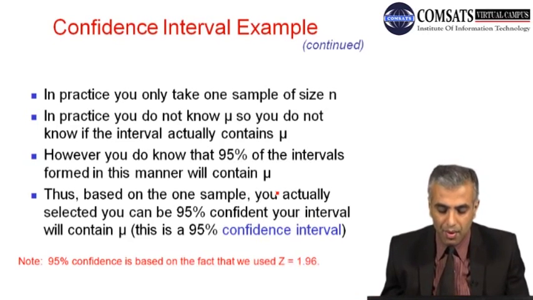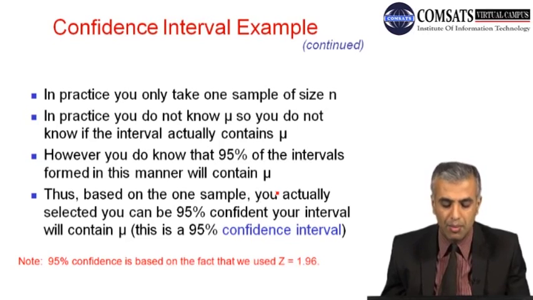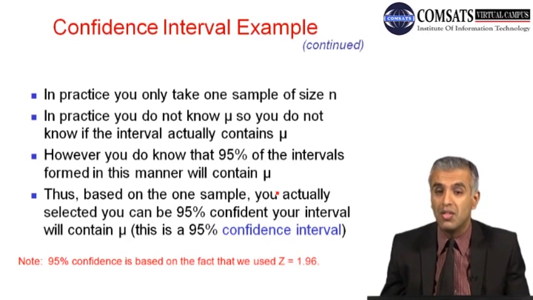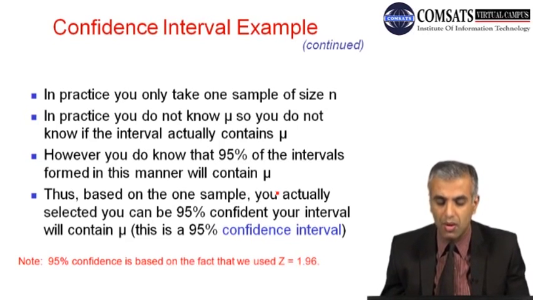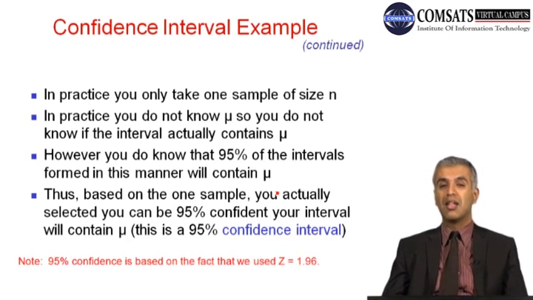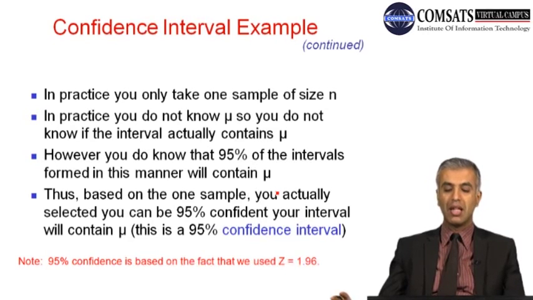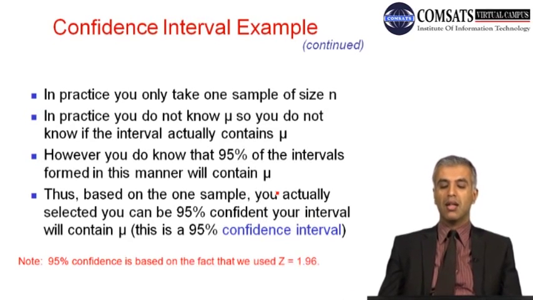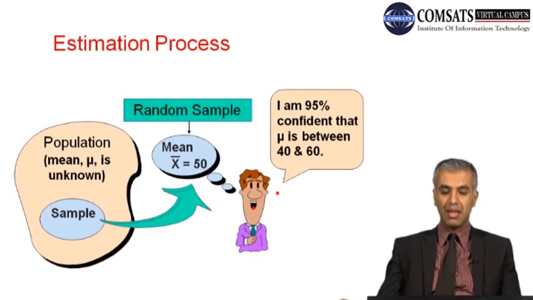Again, note that the 95% confidence is based on the fact that we use z equal to 1.96, so it holds true here as well. Our confidence is based on that same 95% confidence interval, that the value calculated from the sample should also be in the population.